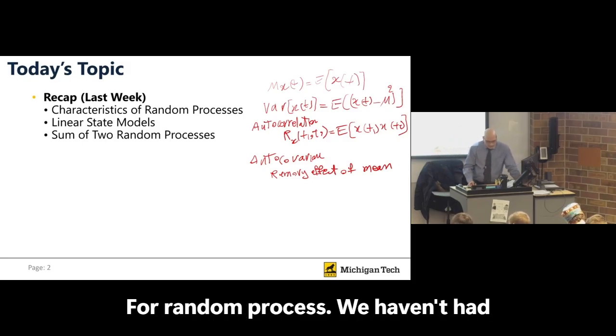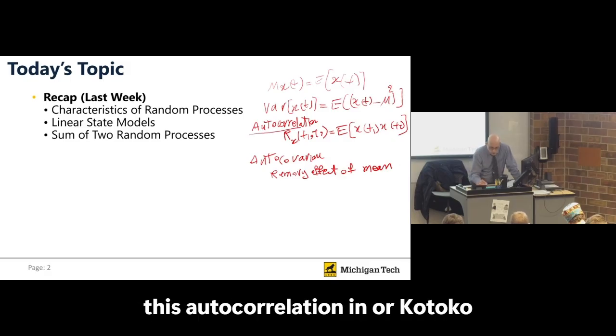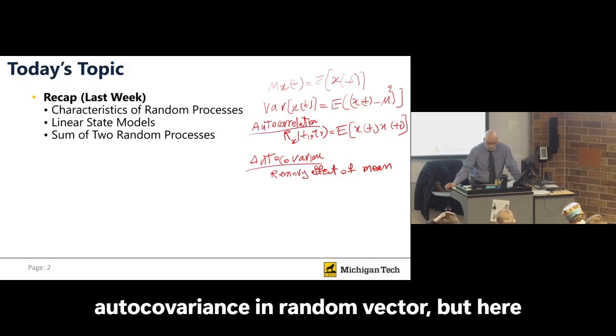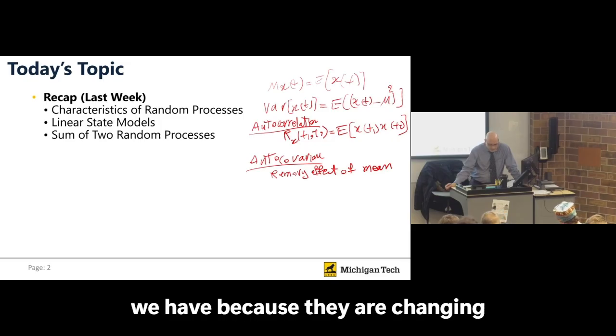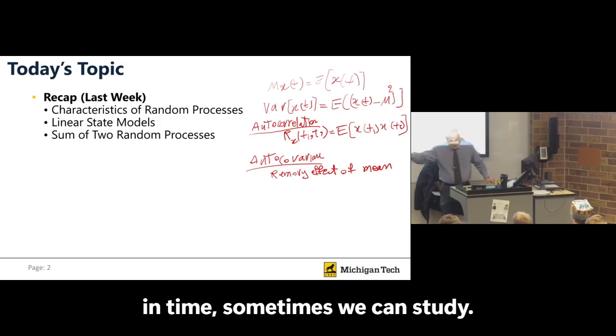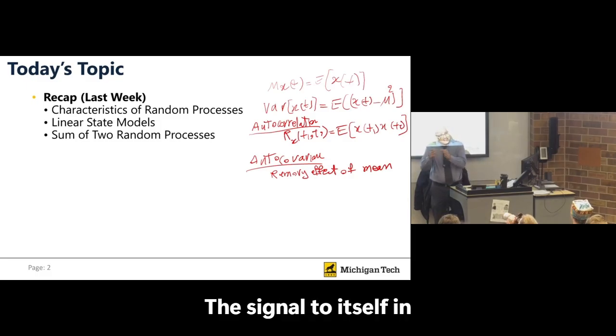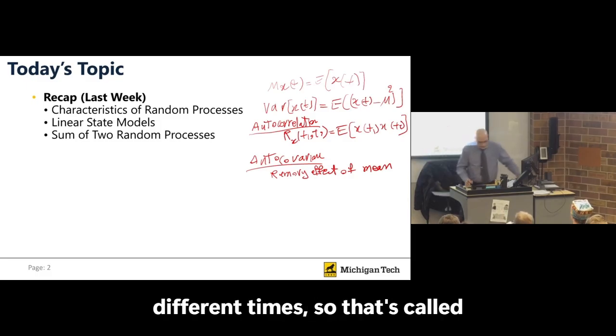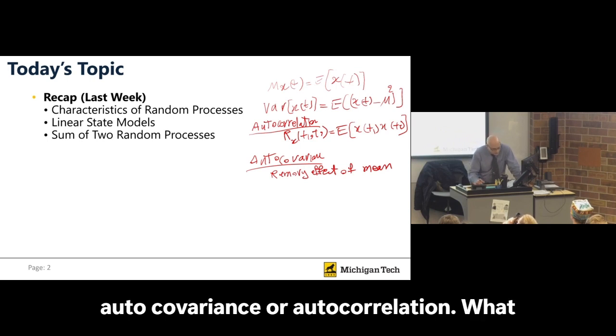That's something very interesting that we have for random process. We haven't had this autocorrelation or autocovariance in random vector, but here we have, because they are changing in time. Sometimes we can study the signal to itself in different times. So that's called autocovariance or autocorrelation.